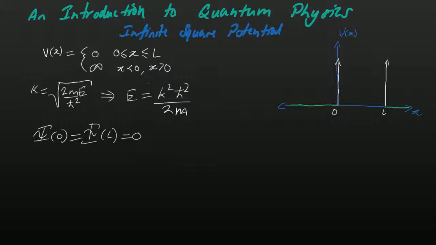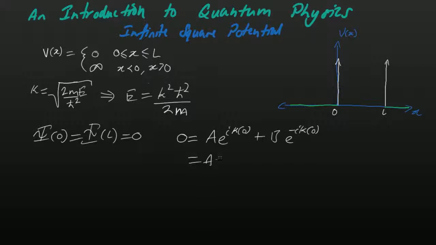Okay. So the first step, we'll say 0 equals A e to the iK times 0 plus B e to the minus iK times 0. Exponential to the power of 0 equals 1 for both of them.